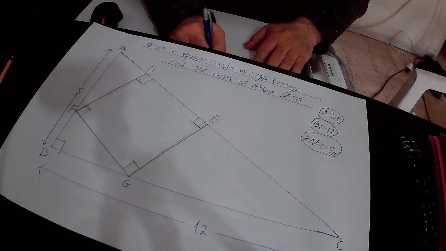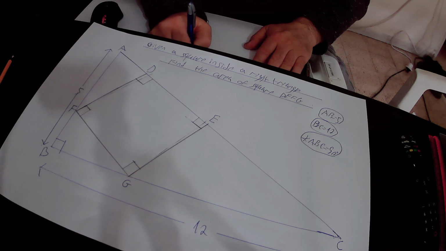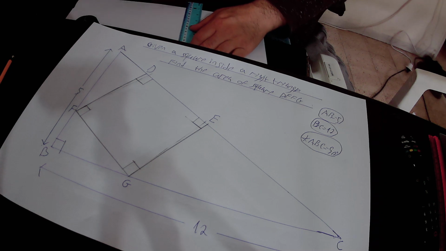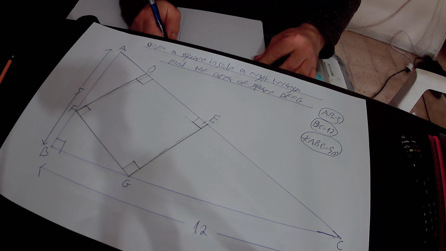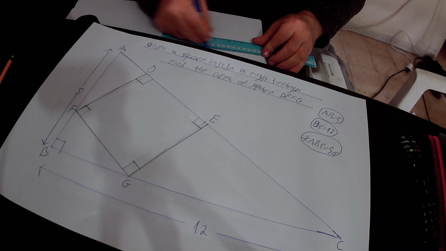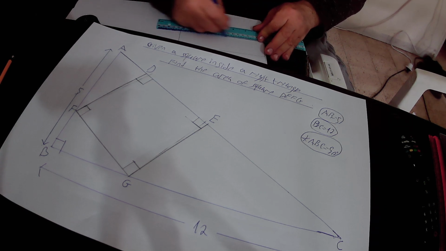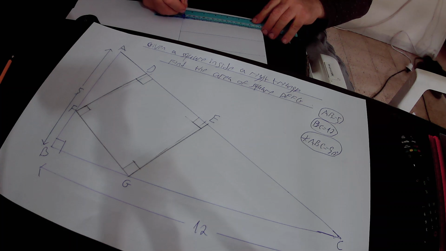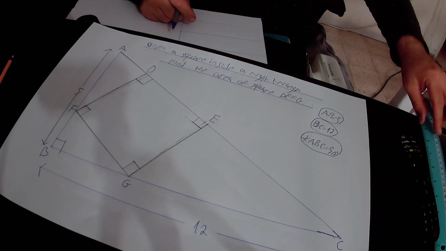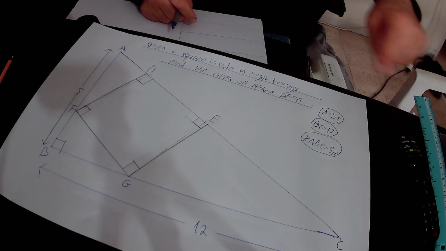Here PT is a relation for Pythagoras theorem. According to the Pythagoras theorem, in any right triangle, the square of the hypotenuse equals the sum of the squares of the perpendiculars. The hypotenuse in the right triangle ABC is AC.